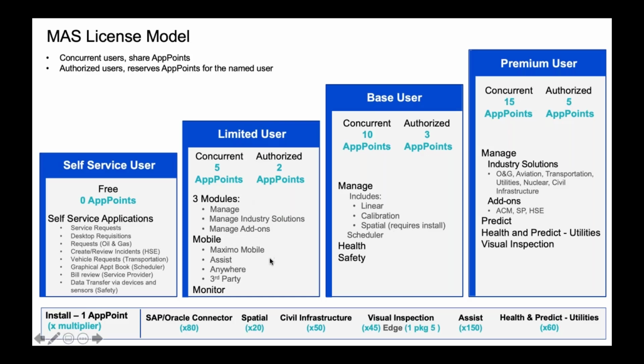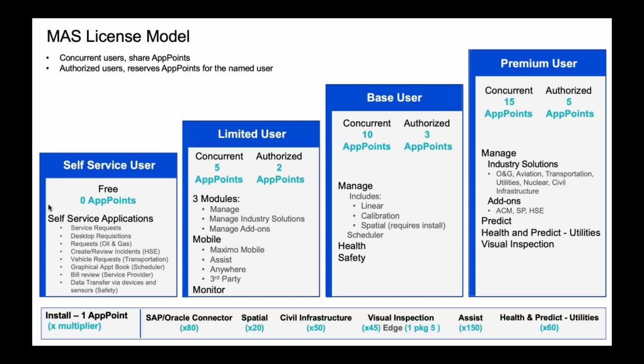A limited user is also mobile, whether it's our Maximo mobile solution or our Assist solution or Anywhere, or a third-party mobile solution. Those are limited users, along with Monitor. And we have our self-service users. They can log in. Those are 0 app points when they log in.